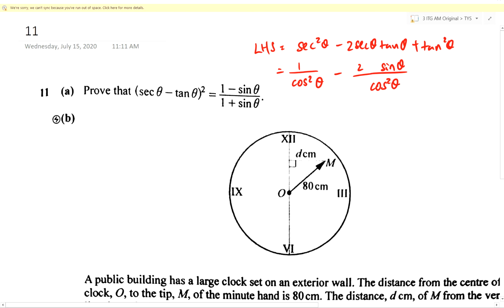And you should be happy to see this because right now you have two fractions with the same denominator. I think you are headed in the right direction. So plus sine squared theta over cosine squared theta. So you see everything is in terms of cosine squared theta in the denominator. Now we get to combine: 1 minus 2 sine theta plus sine squared theta over cosine squared theta.